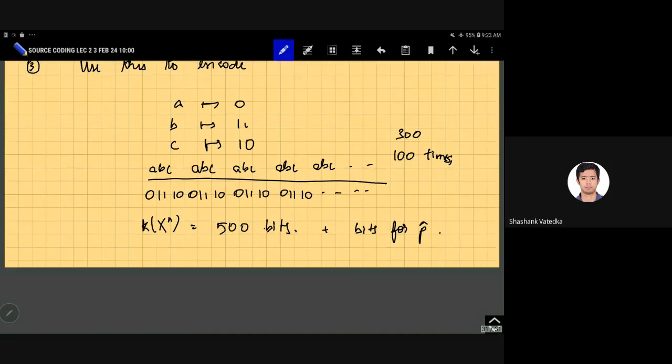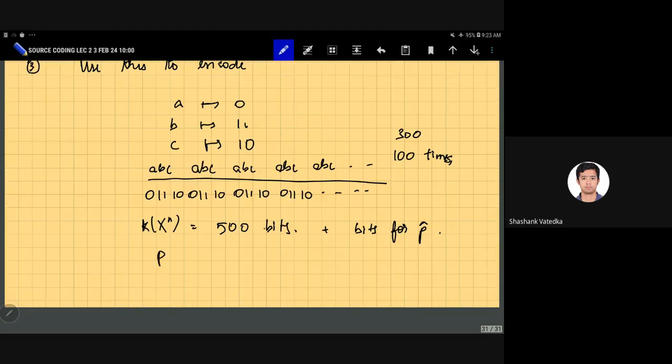So to rephrase that answer, you could store p hat of ABC, right? So look at all possible 3-length sequences. You know that p hat of ABC is equal to 1. So obviously this keeps repeating itself.